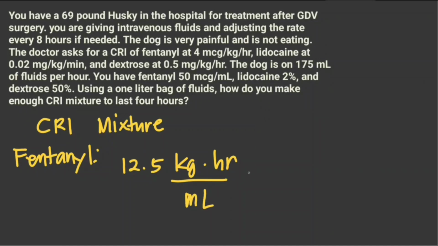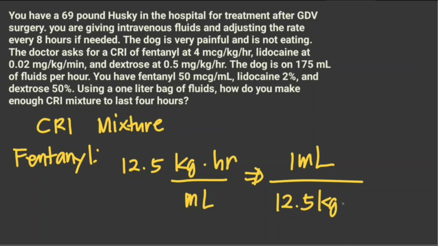Now you can flip this and write it as 1 ml over 12.5 kilogram per hour, so it'll be easier to eliminate the rest of the units, and then we will have our answer in ml, the amount of fentanyl that is needed for the required CRI mixture.